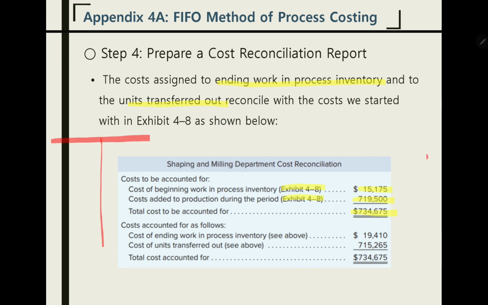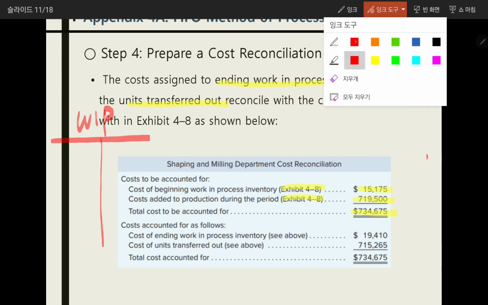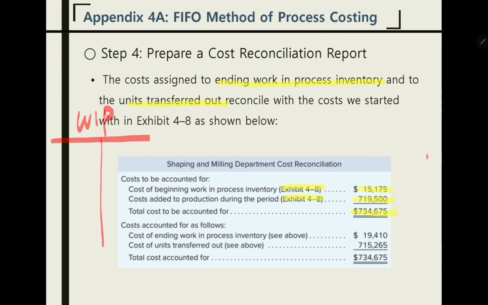So in the T account, work in process, so beginning inventory, the cost of the beginning work in process inventory was $15,175.